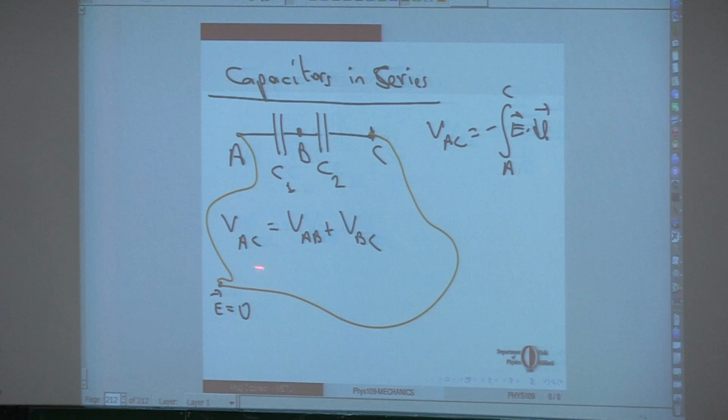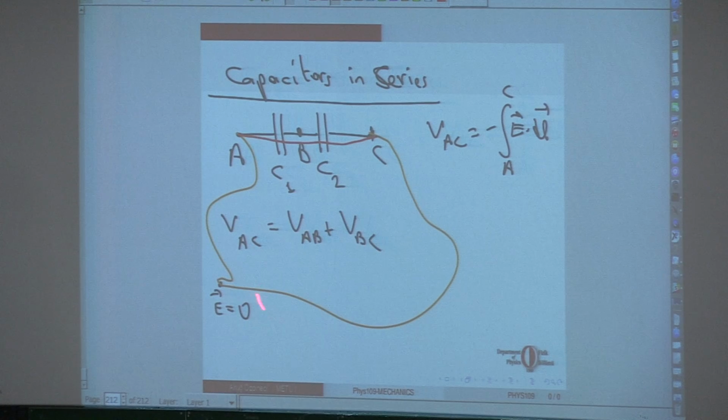But this also proves that this cannot be true, because I can just imagine another path, this one. I can also go around that path. There's a finite electric field over here, a finite electric field over there, so there is a potential difference between A and C. It's not 0 as stated over here.